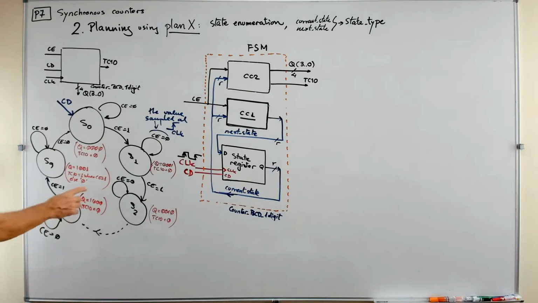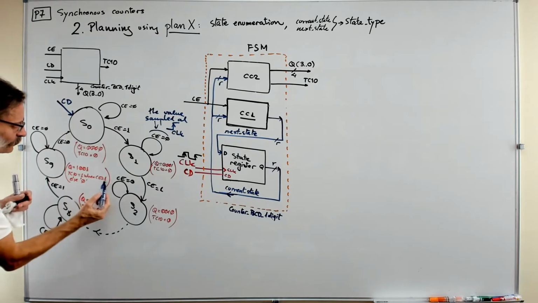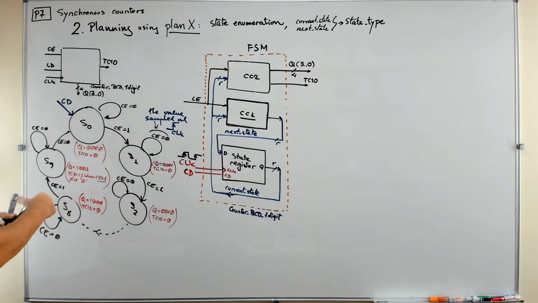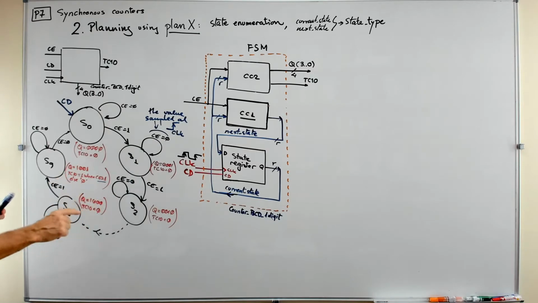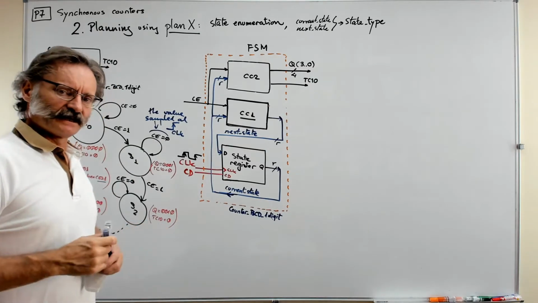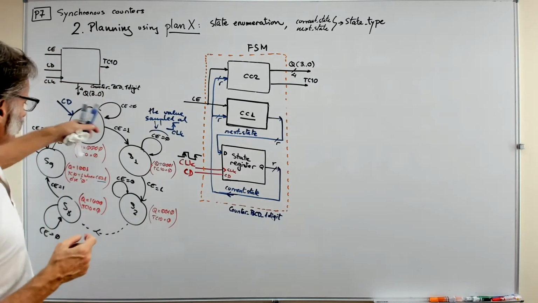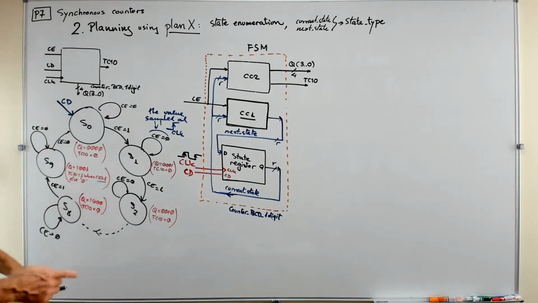And when you are at 9, if you allow the system to keep counting, if the count enable is held high, you keep counting, and TC10 is 1. So you have a pulse every 10 pulses when counting continuously. So that is the BCD counter circuit.